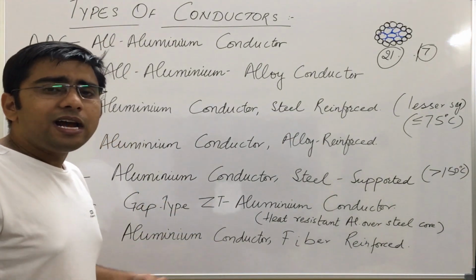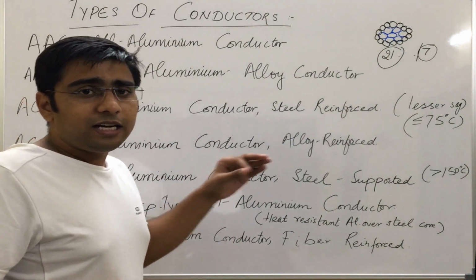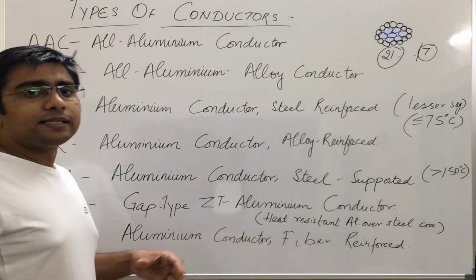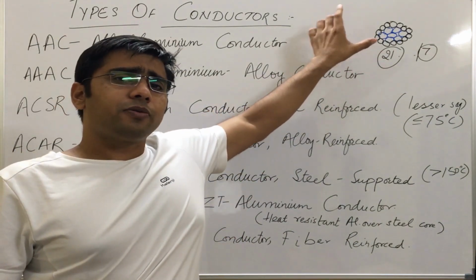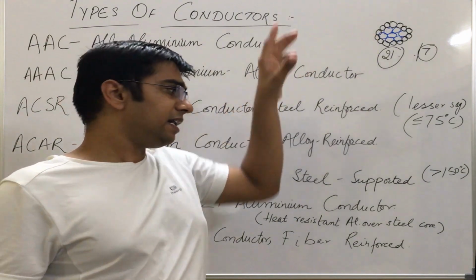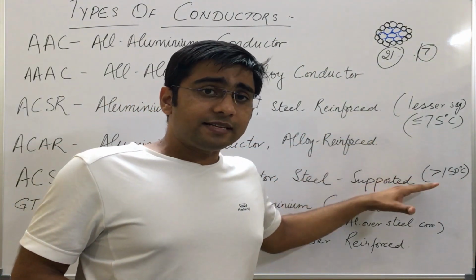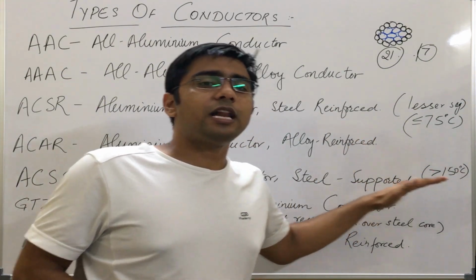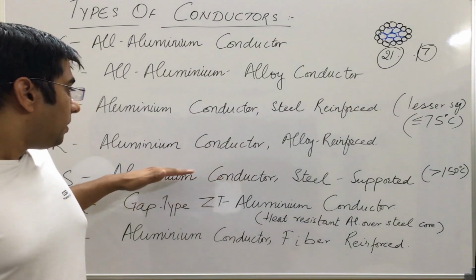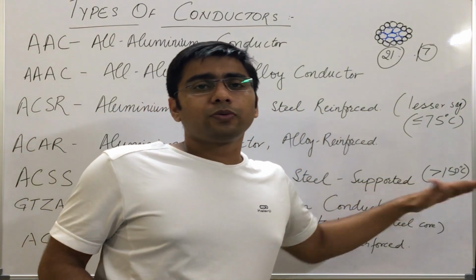We used highly annealed aluminum conductor in it, and the steel part was there for providing tensile strength. In ACSR, some part of the tensile strength was being provided by aluminum strands also, but in this ACSS, the tensile strength part is given totally by the steel strands, not the aluminum ones. And since it is highly annealed, the operating temperature is also improved.